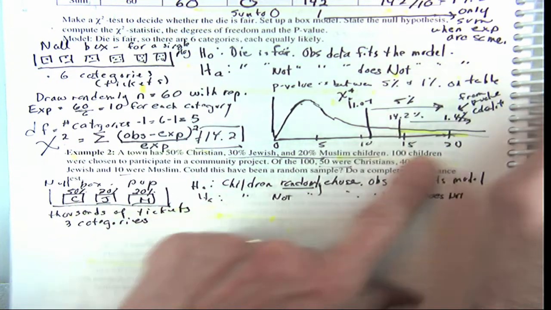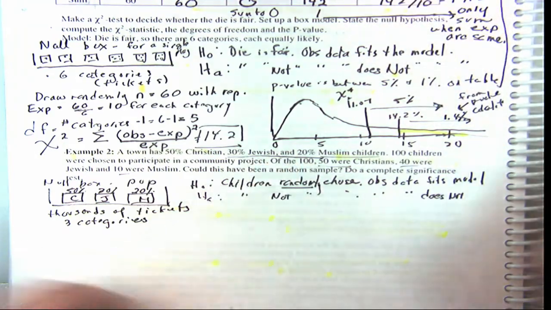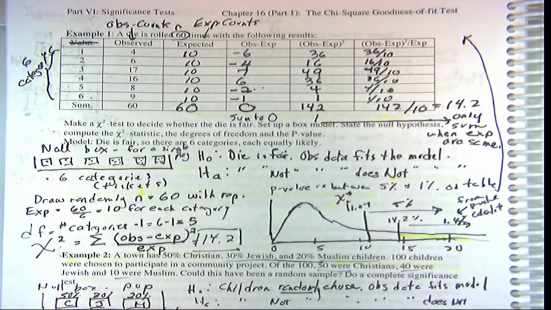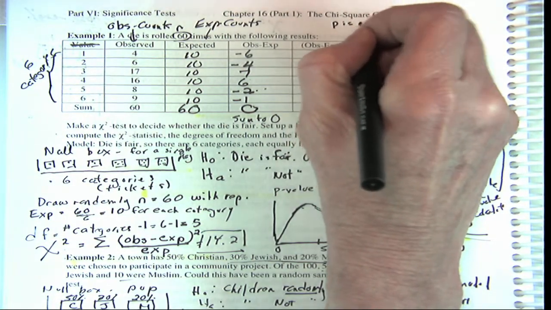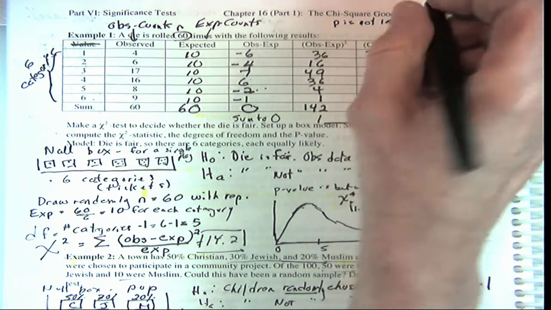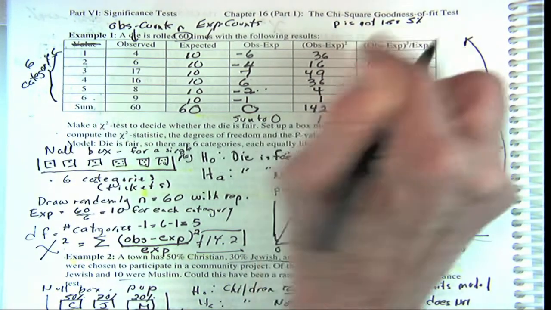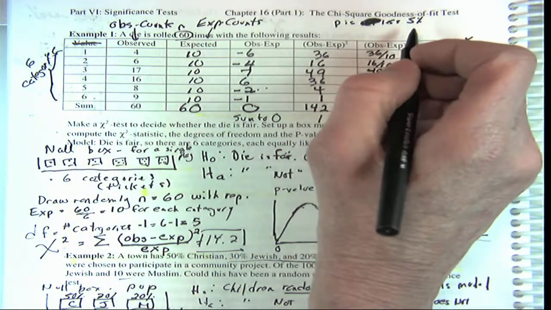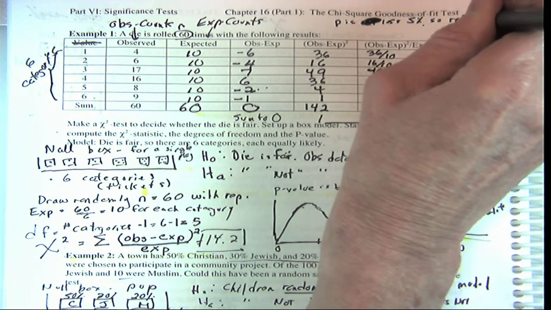So what is our conclusion? Let's say we have the 5% cutoff. P is tiny. P is less than 5%. So we reject the null.